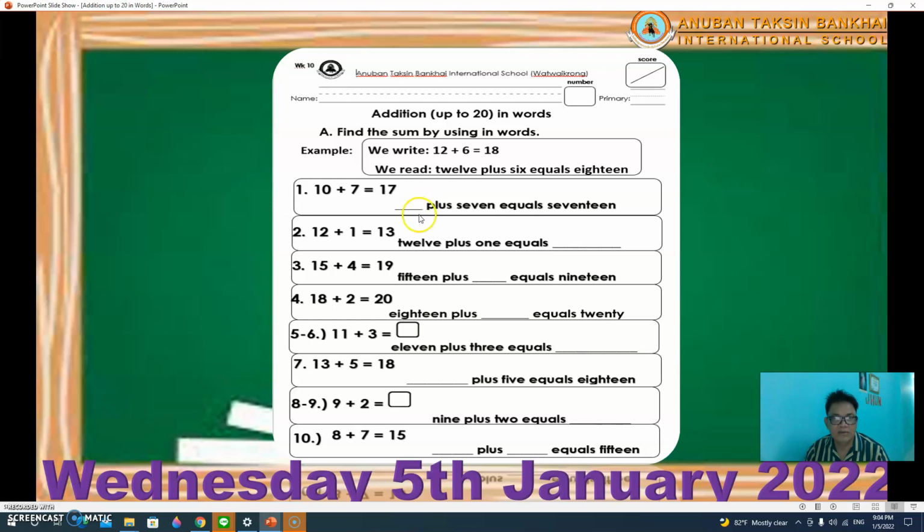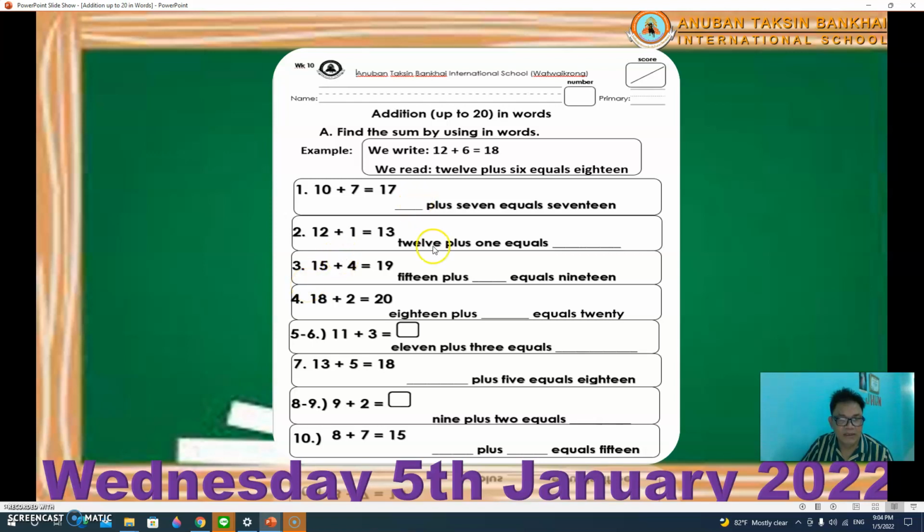Next, number 2, 12 plus 1 equals 13. For 13, T-H-I-R-T-E-E-N. Very good.